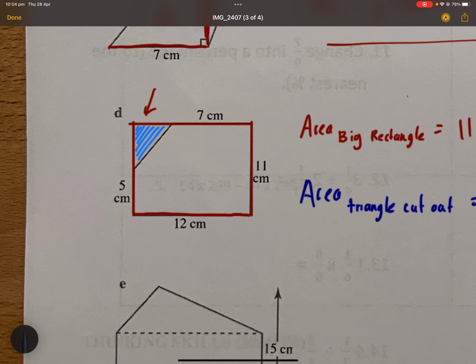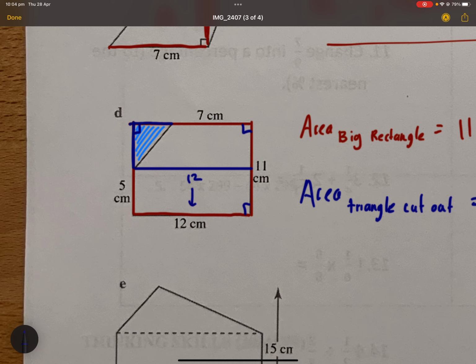So we know that this line and this line are perpendicular, because this is a rectangle and this must also be 90 degrees. So that means that this and this one can be the base and the height. Let's find out what the values are. From here to here is 12, right?